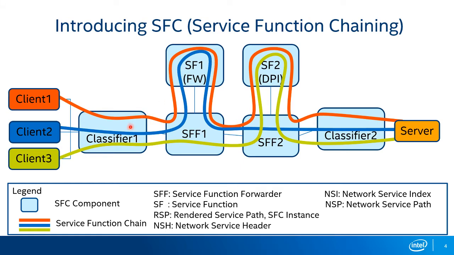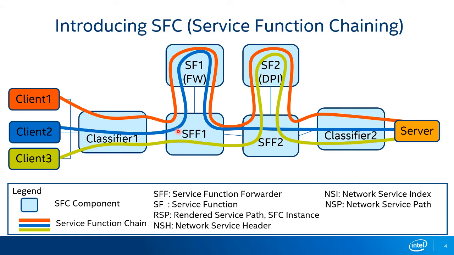The classifier will encapsulate the traffic from the client with the NSH header and steer the traffic to the first hop, the service function forwarder, in the specific service function chain. We call a specific service function chain a rendered service path, i.e. RSP. The classifier also will decapsulate the reverse traffic and steer it to the original client.